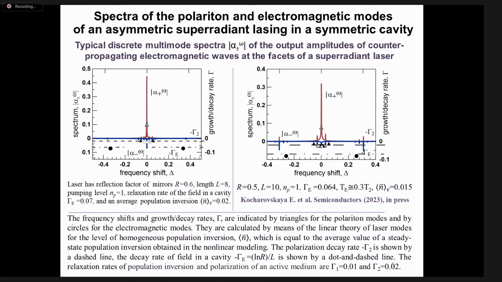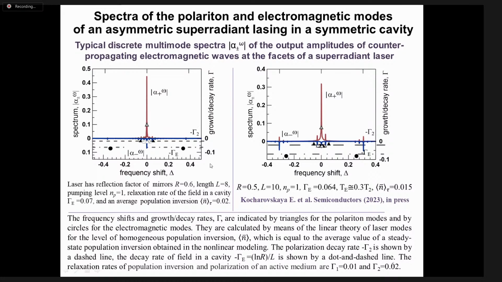And you see that this radiation is asymmetric, but in addition to the central lasing mode, it also contains maybe 2 or 3 pairs of polariton modes close to the central resonance frequency, and may also contain pairs of electromagnetic modes with frequencies at a large distance from the central mode.